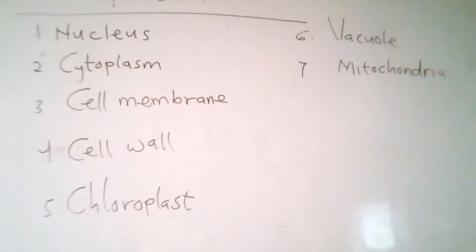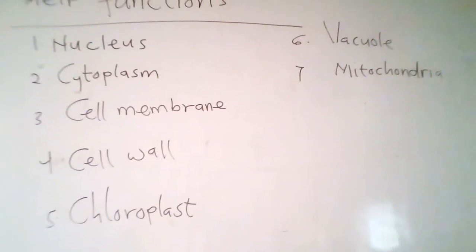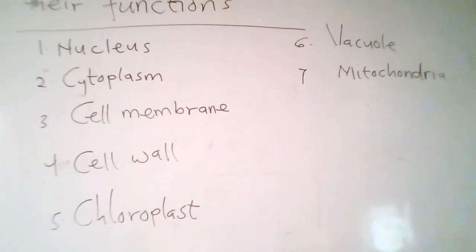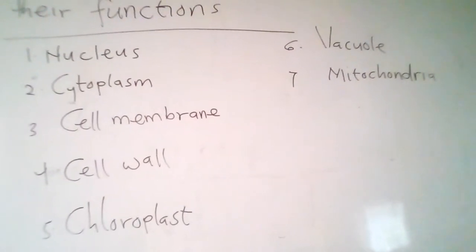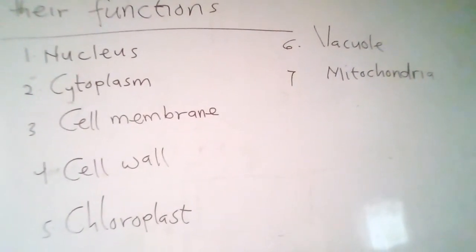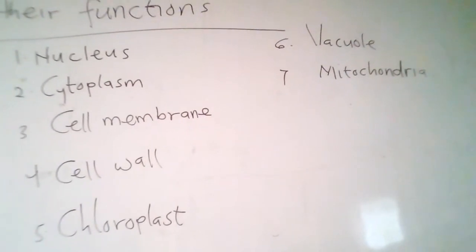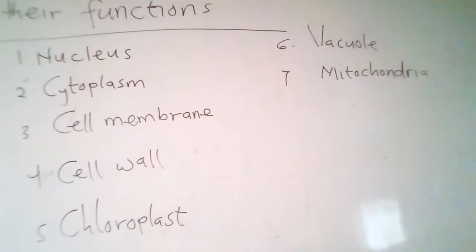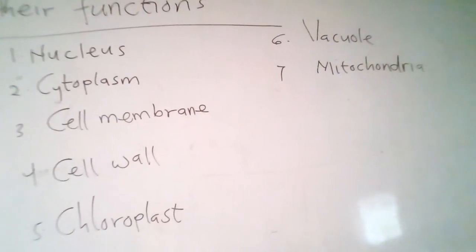Let's go to the cell membrane. The cell membrane is a structure that surrounds both plant and animal cells. It is mostly made up of proteins and lipids, which is fat and oil. Functions of the cell membrane: 1. It protects the internal structures of the cell by separating the cell from its surrounding. 2. It supports the cell and gives it shape. 3.